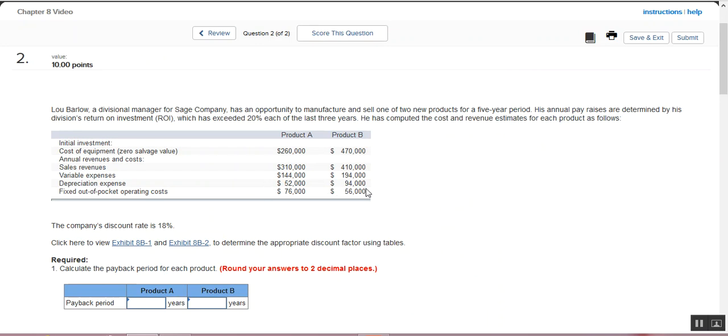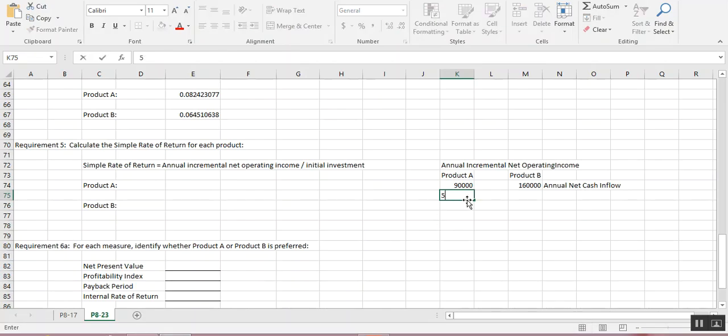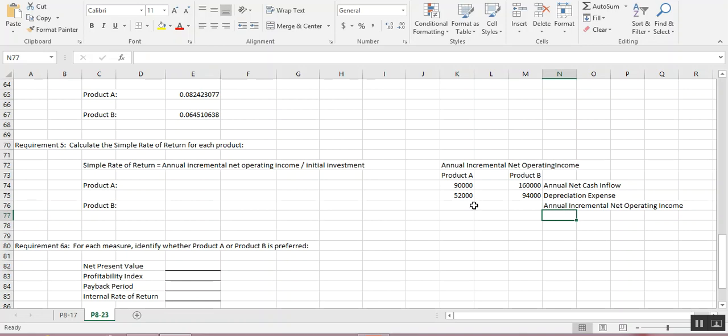So here's our depreciation expense for product A and product B. It's $52,000 for A and $94,000 for B. So now we have our annual incremental net operating income, which would be the annual net cash inflow less that depreciation expense.